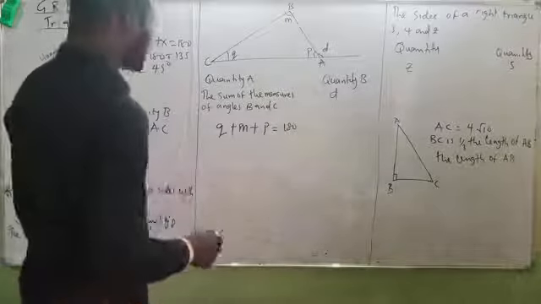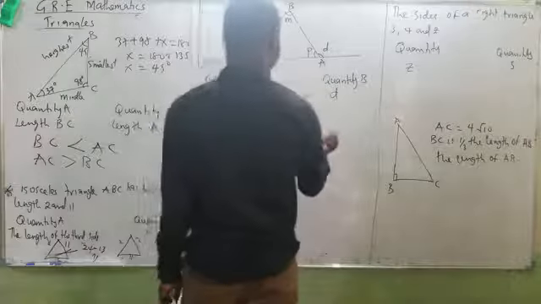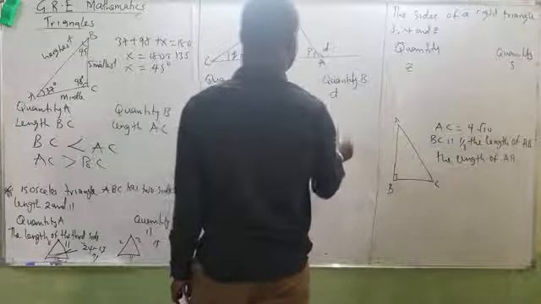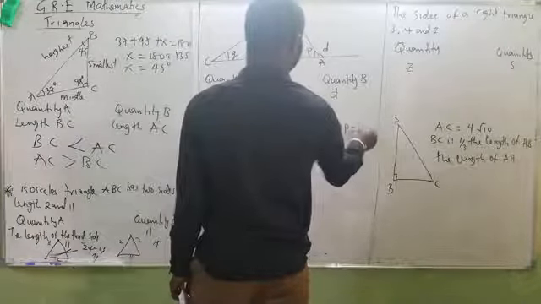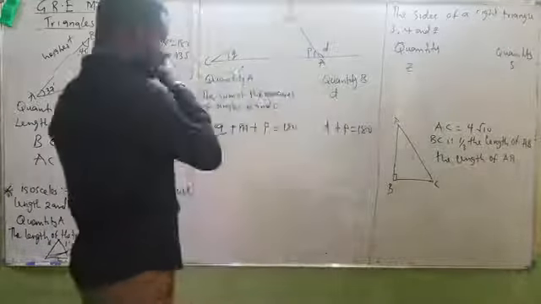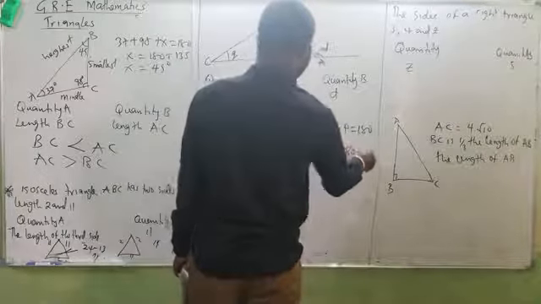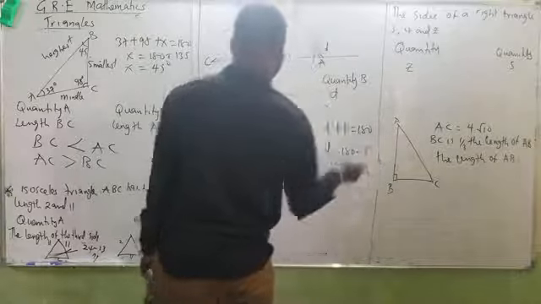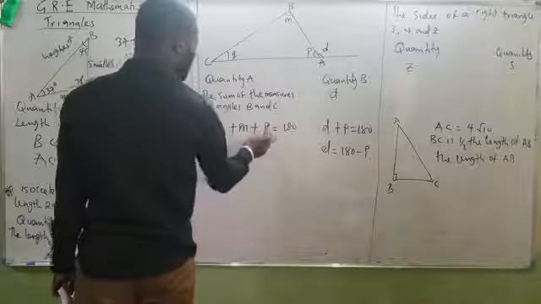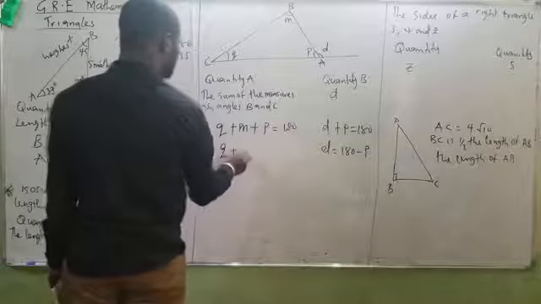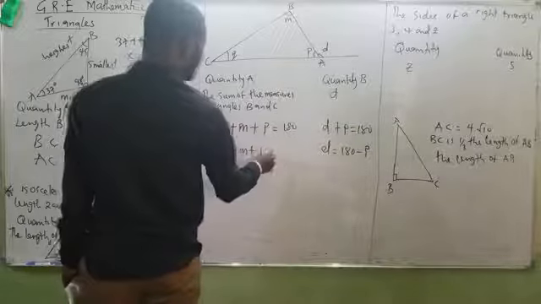Since I know that, my P plus D equals 180, angle on a straight line. Now, it means my D will be equal to 180 minus what? P. Now, what is my P?